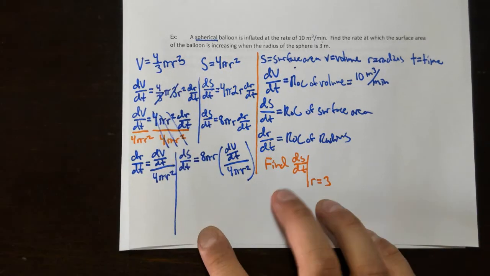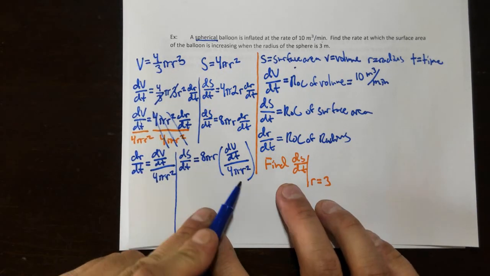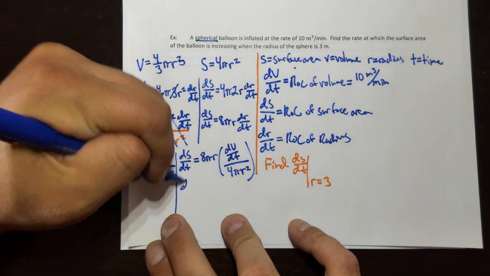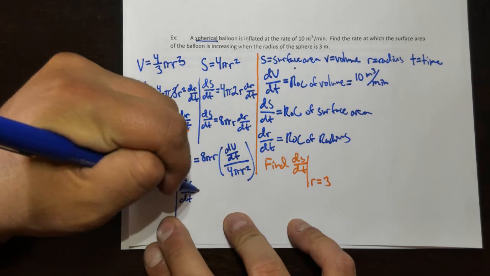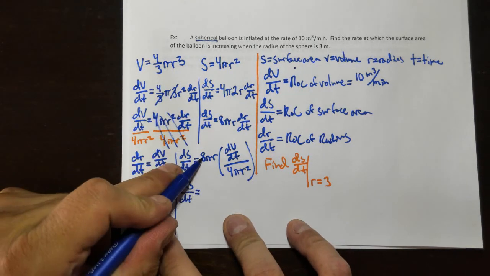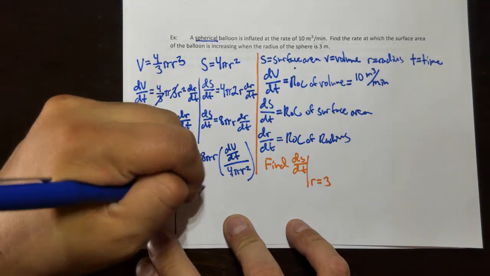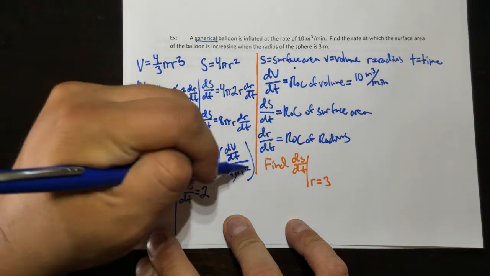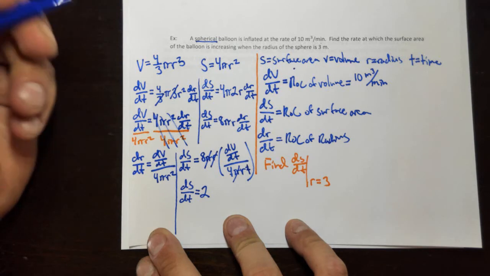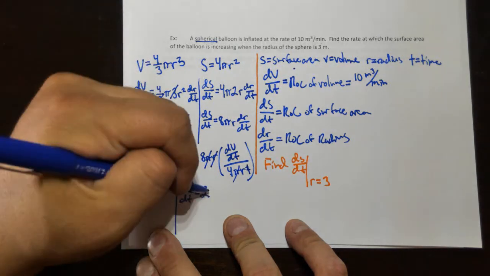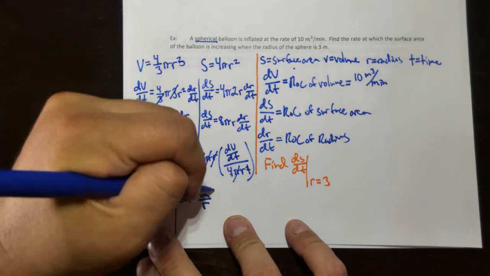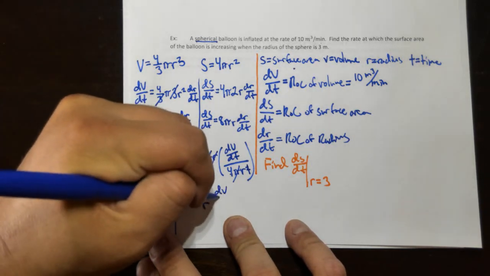And you can see a lot of this stuff will cancel out for us, so that's kind of nice. Let's clean this up. So we have dS/dt is equal to, 8 divided by 4 is 2. These pi's cancel, and this r cancels out the square. So we have 2 over r, really, times dV/dt.